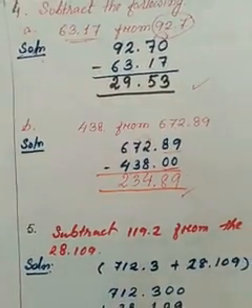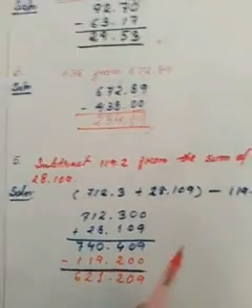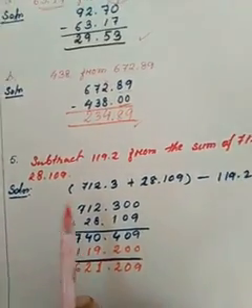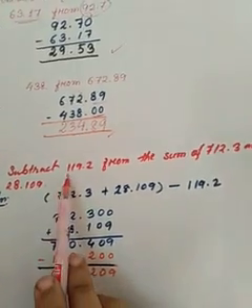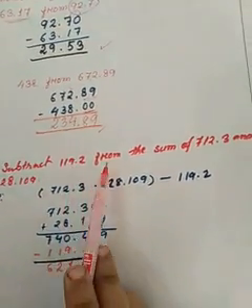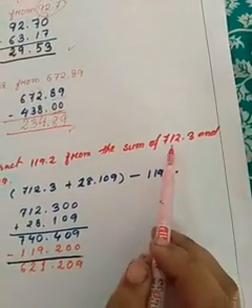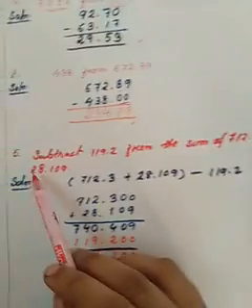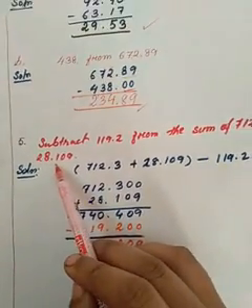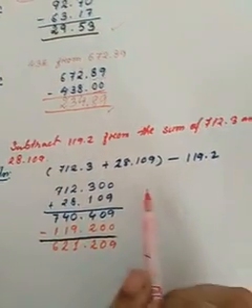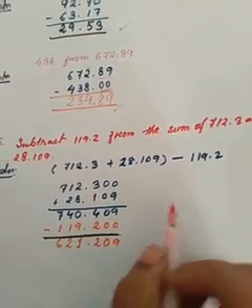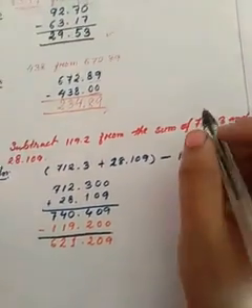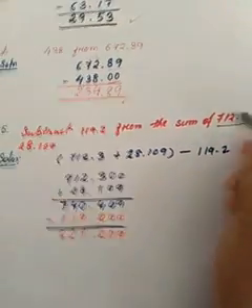Alright, now let's do word problems. Okay, question number 5 is given. Subtract 119.2 from the sum of 712.3 and 28.109. So what does it mean? Actually, at first we have to find the sum of these two numbers.